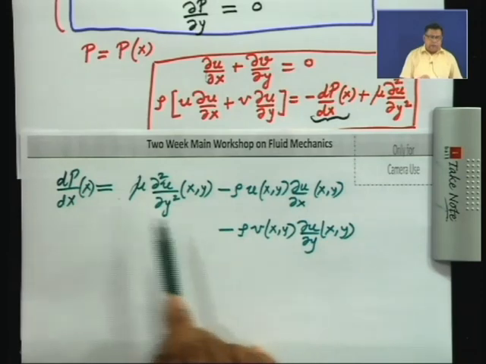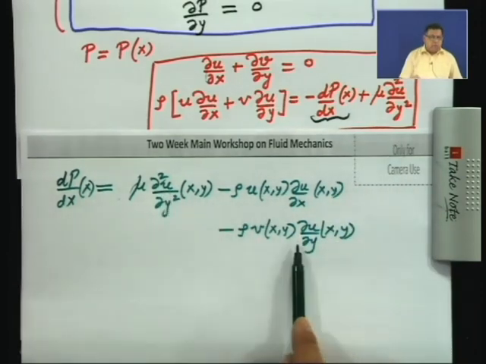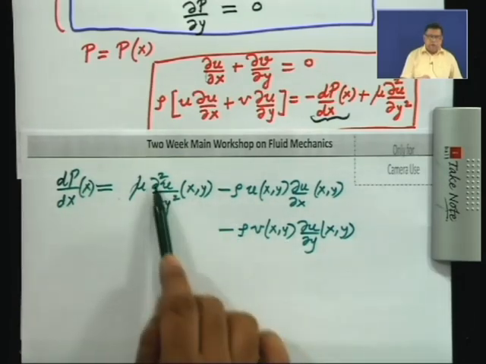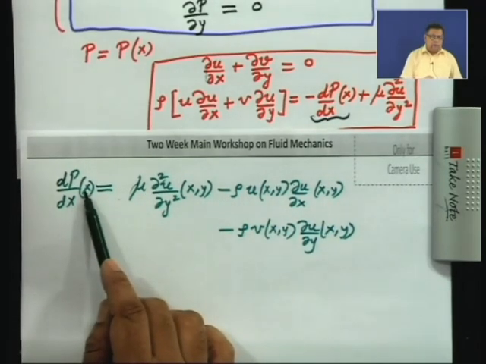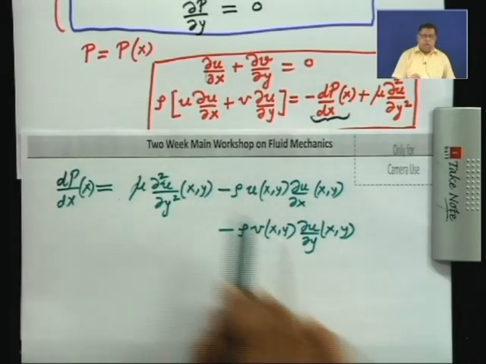Now, you see that I have rewritten this equation as this term minus these two, and each of these terms can be functions of x and y, but this sum total of these three terms will be a function of x only.